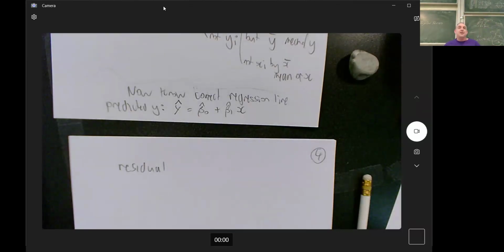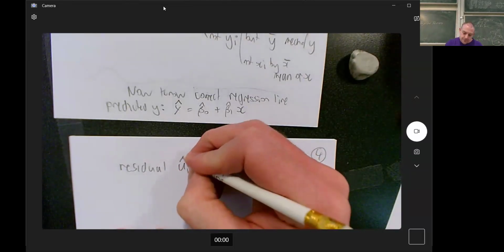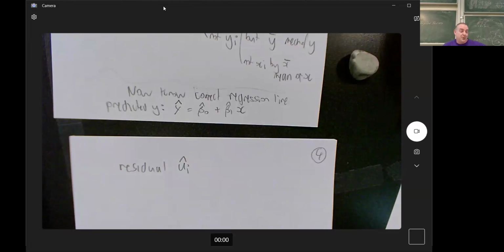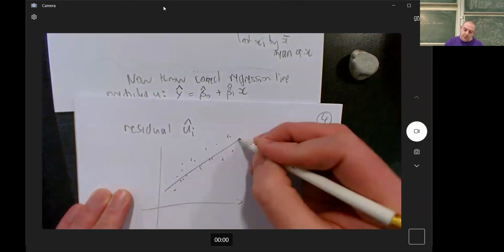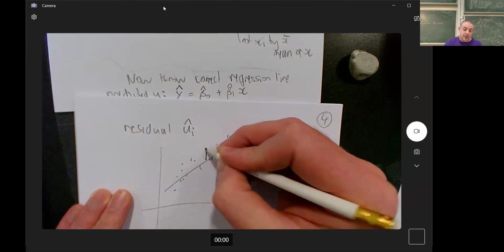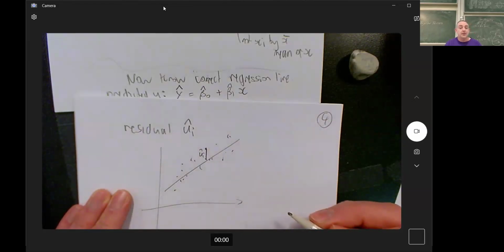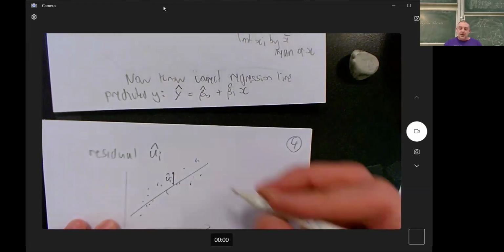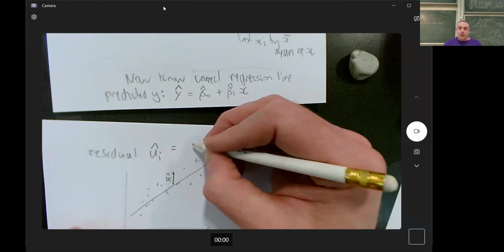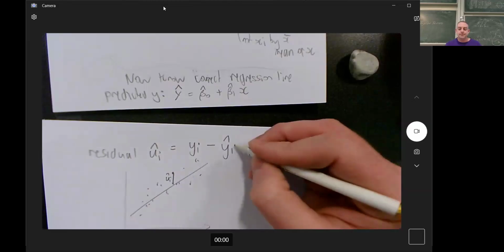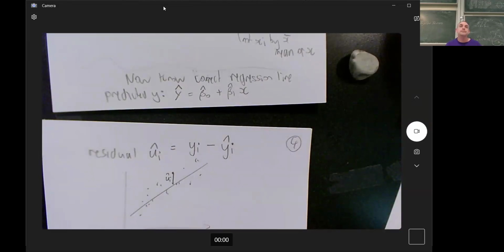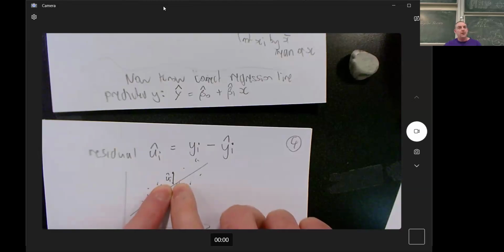For reasons that don't make sense, it's not epsilon i hat, because that would make sense. The residual. And just remember what the residuals were: the residuals were how far away from the line we were. That's what ui hat is there. So that residual is the actual value of y minus the predicted value of y, because the predicted value of y is the one that's on the line.